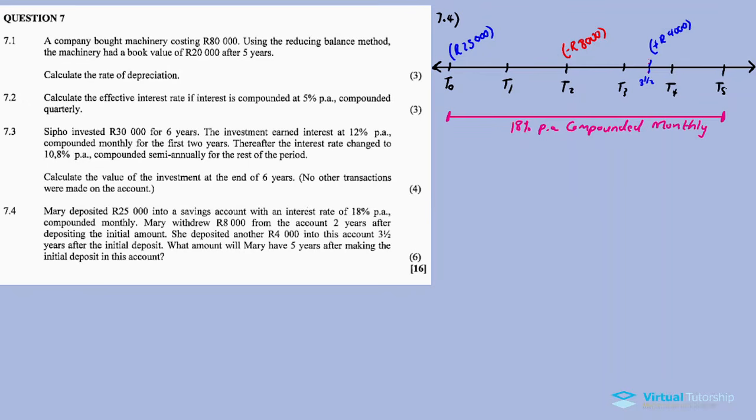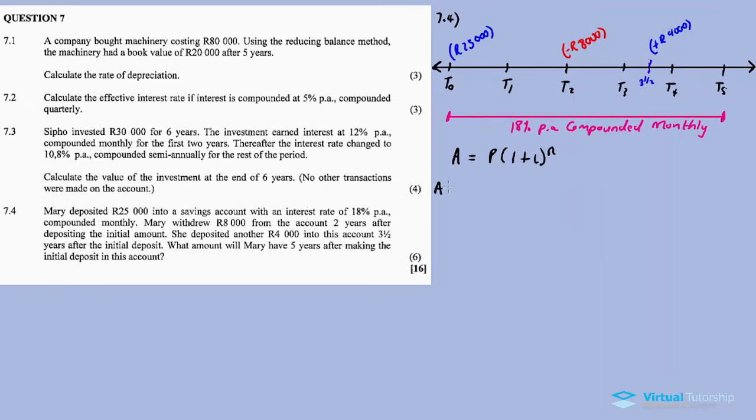Then we have to calculate the total amount in the bank account 5 years later. Again we use the compound formula since it's compounded: A equals P times (1 plus i) raised to exponent n.